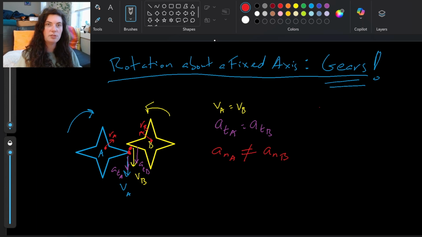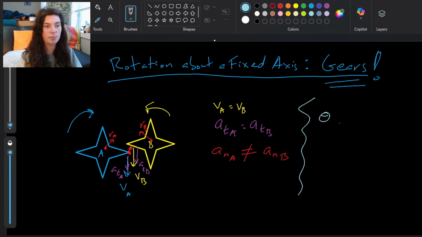We can analyze it with those linear relationships, or we can use the angular kinematics that we've discussed. Those have a special kind of relationship, where for either angular position, angular velocity, or angular acceleration, we can create a relationship between the gears.